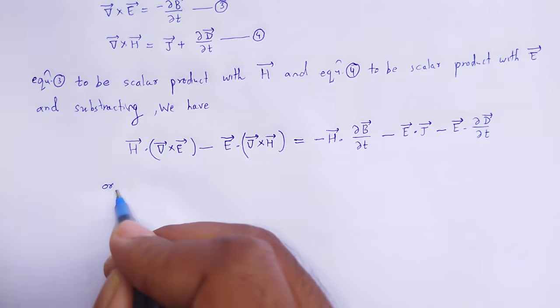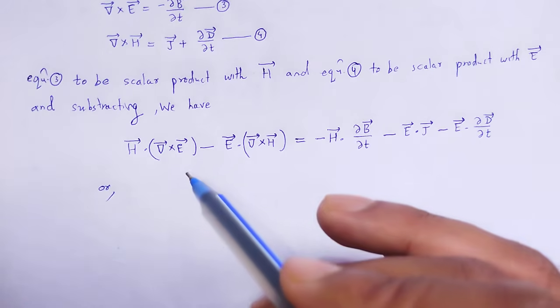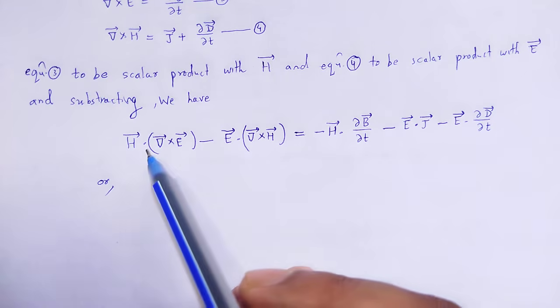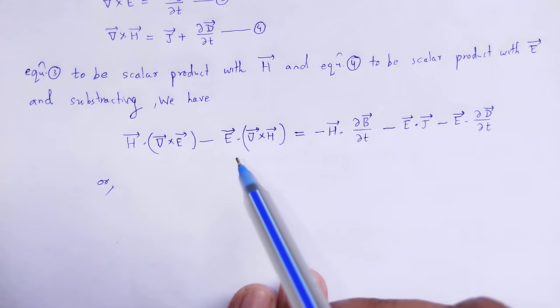Looking at that expression, we can use the property of vector identity.